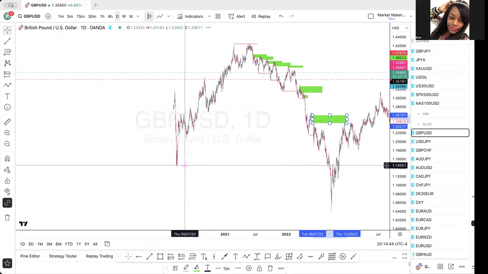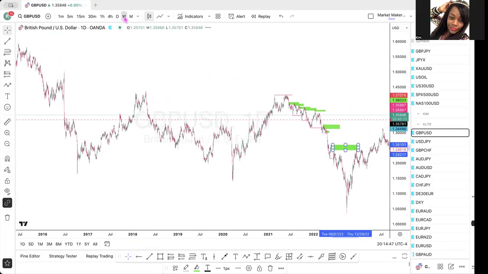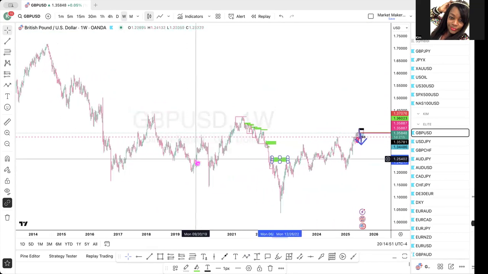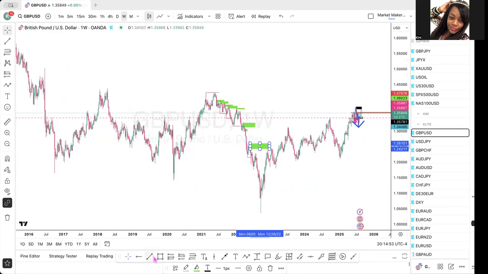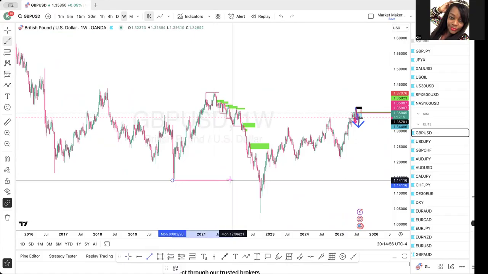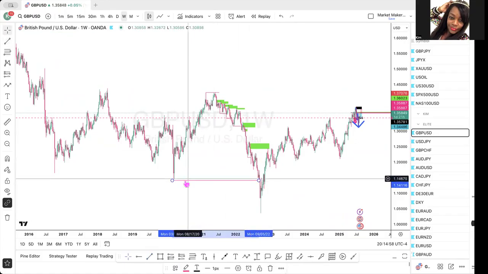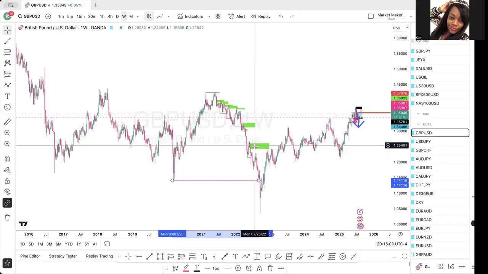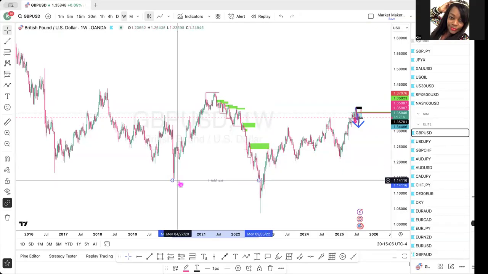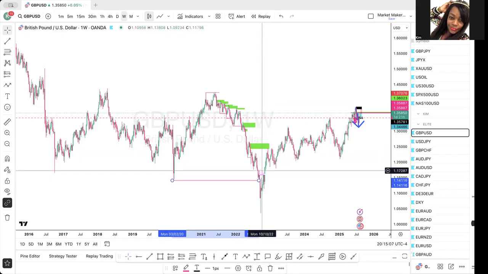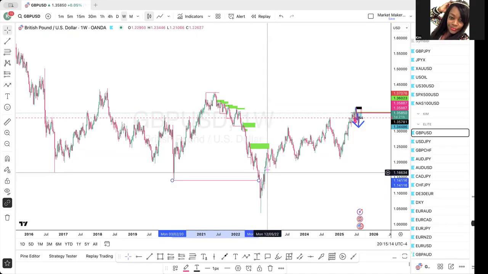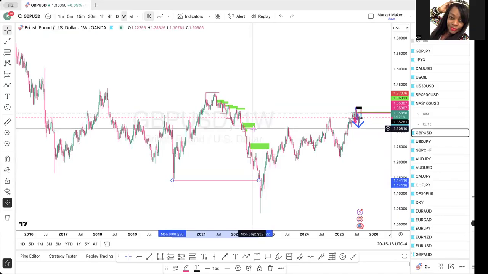But as you can see, if you look at the bigger time frame, price broke this structure. And once you get a break of structure, you're going to get the pullbacks. So as this was going down and broke this level of structure, we know that at some point, especially once we got this wick, we're going back up. We're going to break all of this.